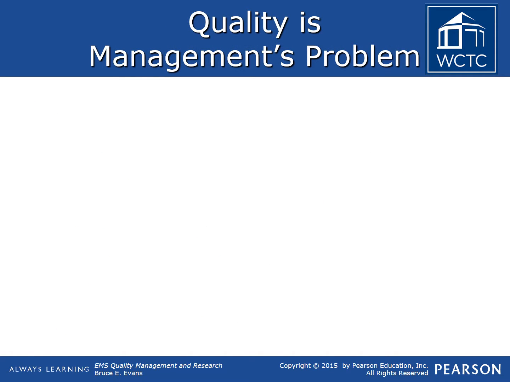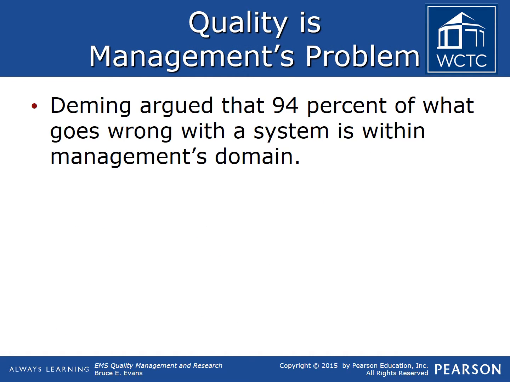It was argued by Deming that problems within any type of workplace system are predominantly caused by elements that are within the domain of management to control. While the percentage of what can be attributed to management varies based upon the particular resource cited, management is more often than not responsible for problems in the system.